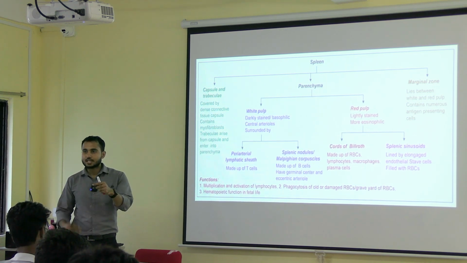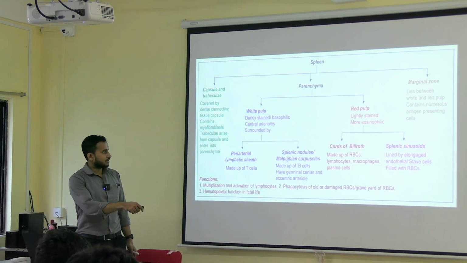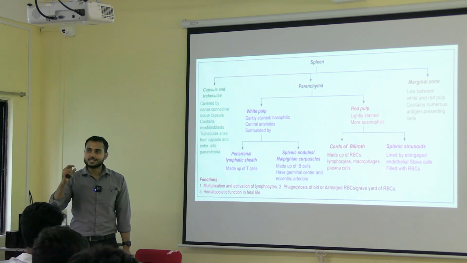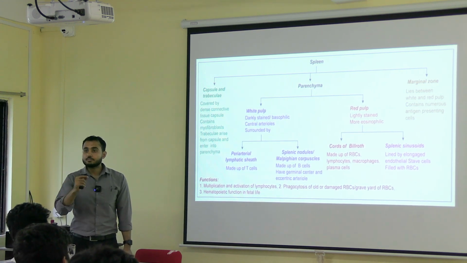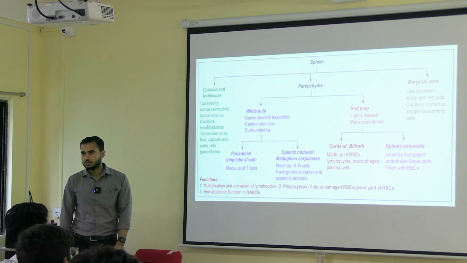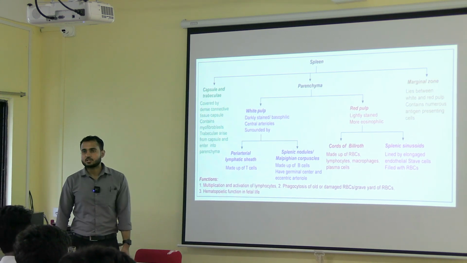And those cords are separated from each other by sinusoids, called splenic sinusoids. That's why when you see the red pulp, small empty spaces can be seen. Those empty spaces are nothing but the splenic sinusoids.